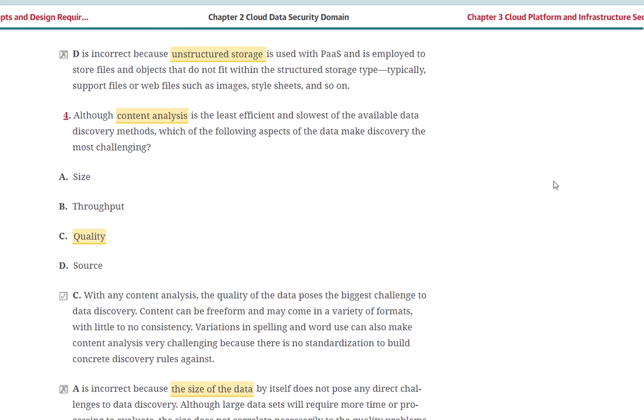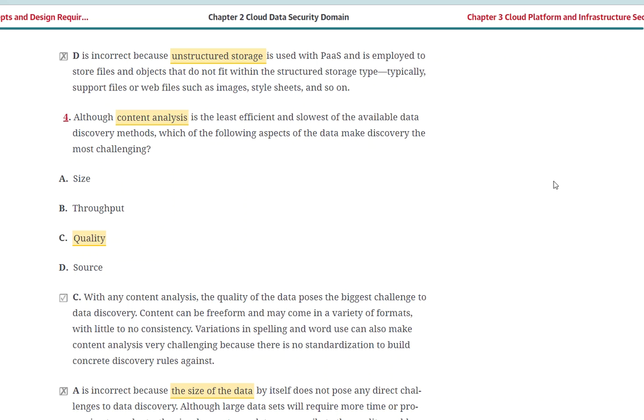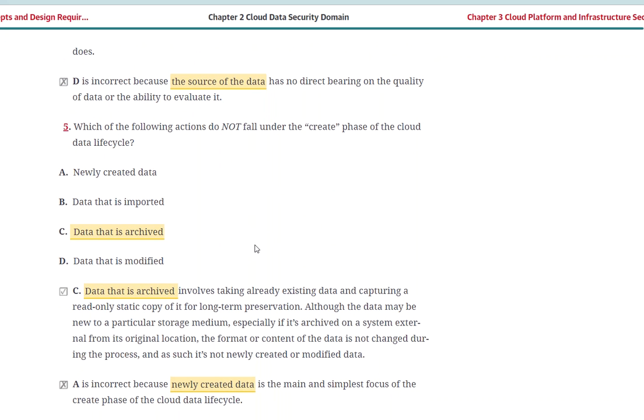Question 4. Although content analysis is the least efficient and slowest of the available data discovery methods, which of the following aspects of the data make discovery the most challenging? And the correct answer is quality. Question 5. Which of the following solutions do not fall under the create phase of the cloud data lifecycle?